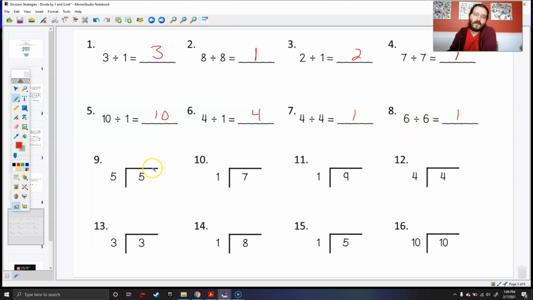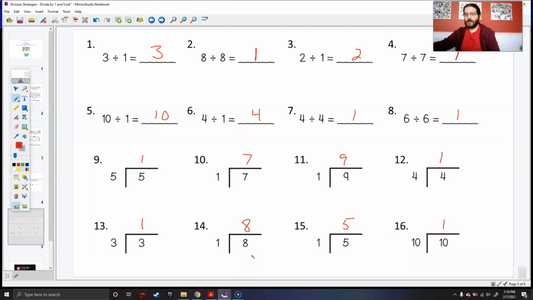All right, so remember this is a division bar, so we have 5 divided by 5, so we're dividing by the same number, we get 1. 7 divided by 1, we get 7. 9 divided by 1, we get 9. 4 divided by 4, we get the same number again, so we get 1. 3 divided by 3, same number, 1. 8 divided by 1, we get 8. 5 divided by 1, we get 5. 10 divided by 10, same number, 1.